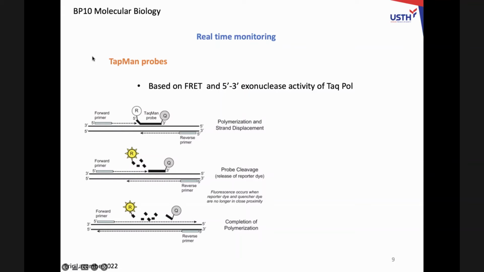So for example, if you want to follow the expression of two different genes, you can have two different sets of primers that are targeting the two different genes, and two different TaqMan probes, one for every specific gene, okay? For the first gene, the fluorochrome and the quencher can be chosen among a wide range of different commercially available quenchers.